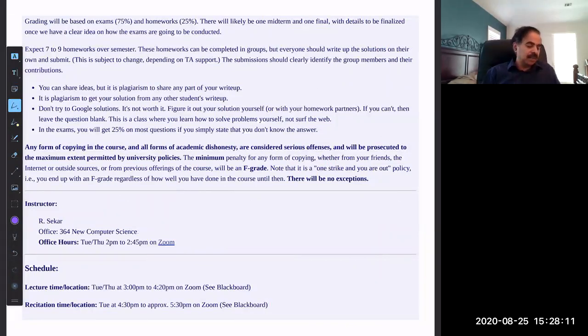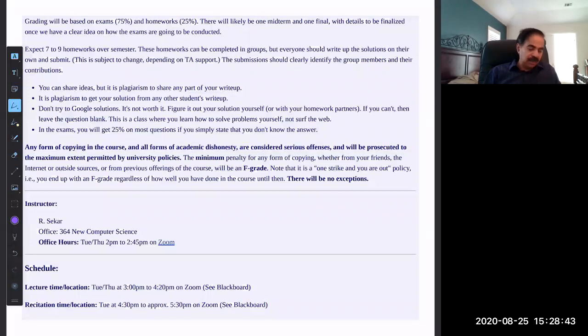Grading will be based mostly on exams and some homeworks, and I'm trying to figure out exactly how the exams are going to be done. Last semester, we used a piece of software called Lockdown Browser to conduct exams remotely. There may be some alternatives this semester, and once I figure it out, I will let you know.